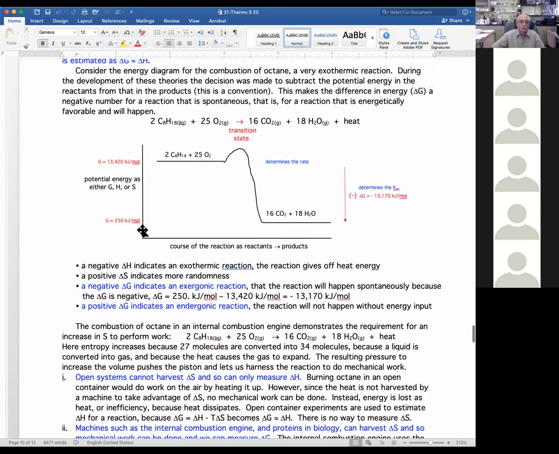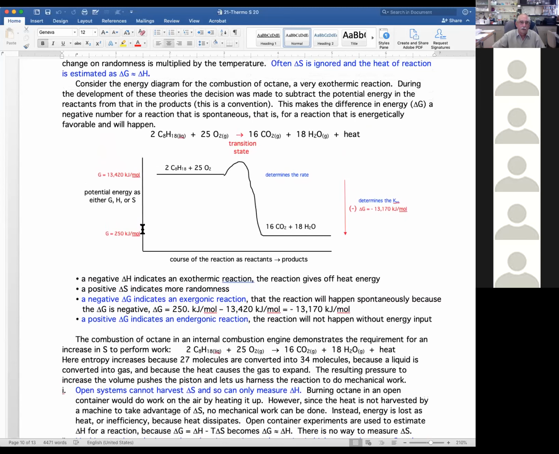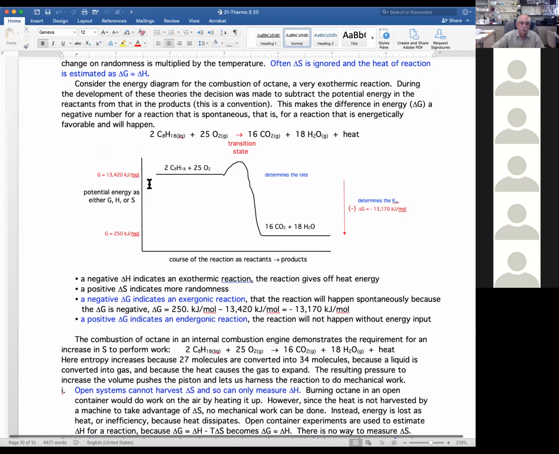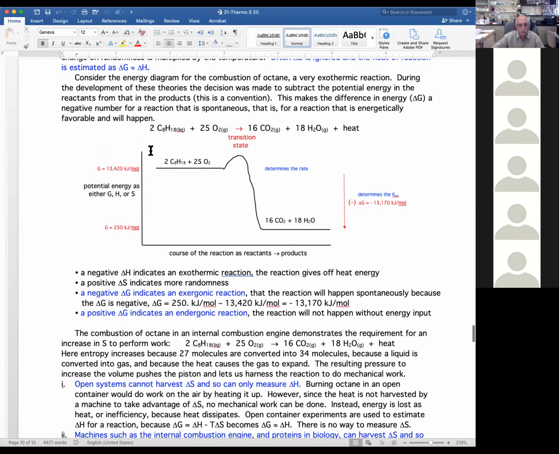So if we look at entropy, the changes in entropy were this. We went from a liquid to a gas. Then we took these two gases and heated them up, which caused their volume to expand. So we took advantage of that to get work done from this gasoline type reaction.